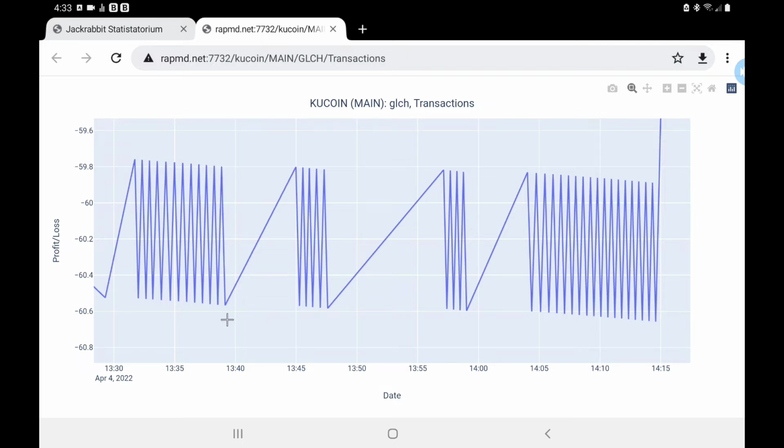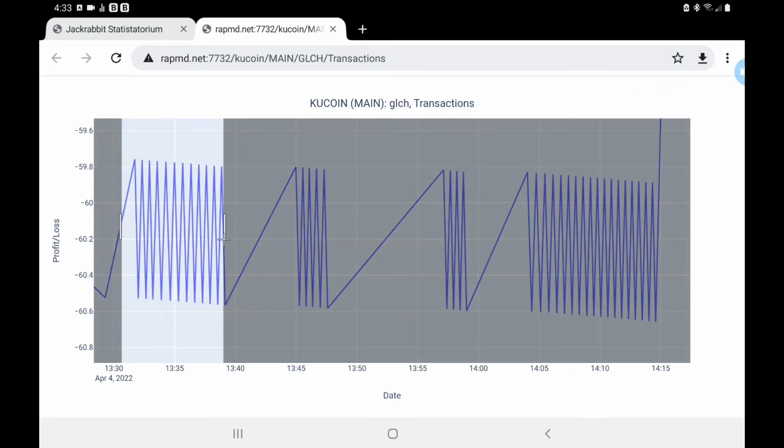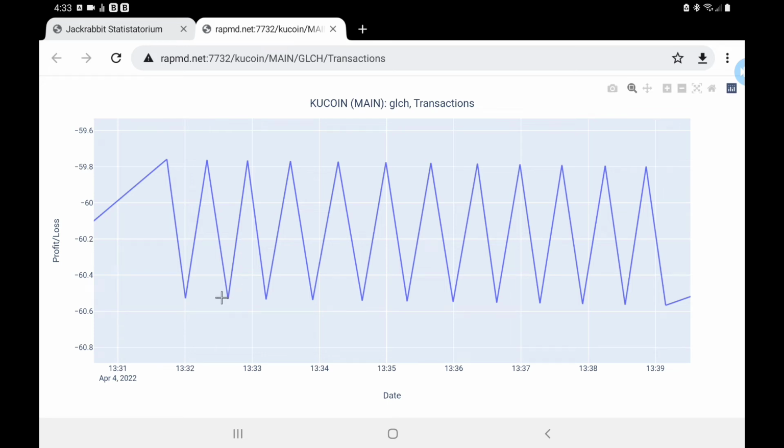So I come down here, I make a purchase, it goes up here, it makes a profit. So let's zoom on this a little more. So purchase, profit, purchase, profit.